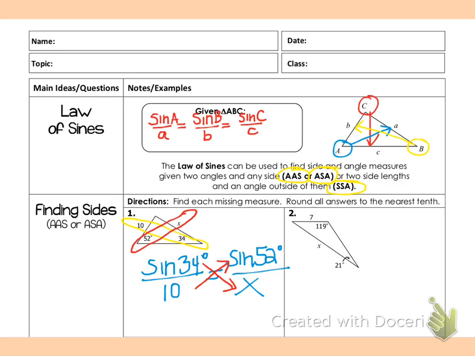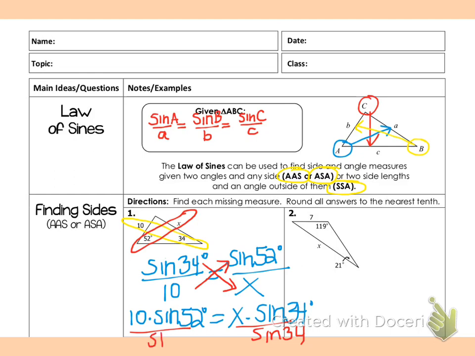So if I take 10 and multiply it by the sine of 52 degrees, it will equal x times the sine of 34. And now all I have to do to get x by itself is divide both sides by the sine of 34 degrees, and that should give me my length of side x.